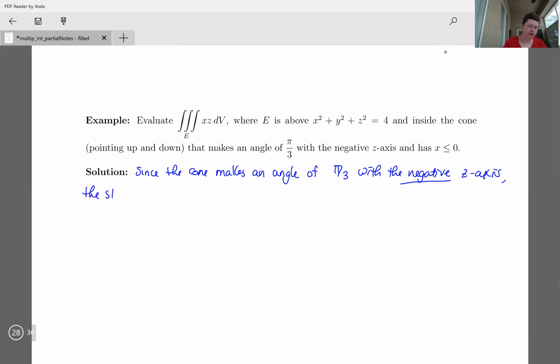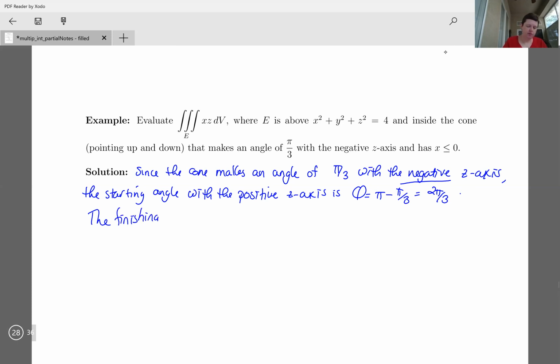The starting angle with the positive z-axis is going to be phi equals pi minus pi over 3, also known as 2 pi over 3. The finishing angle, well, that's going to be on the negative z-axis, right? Because that's where the other end is. So that's going to be pi.